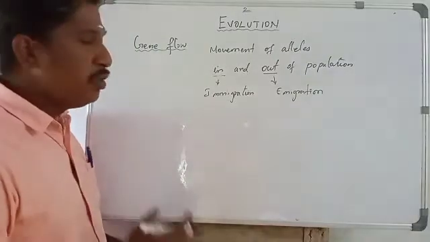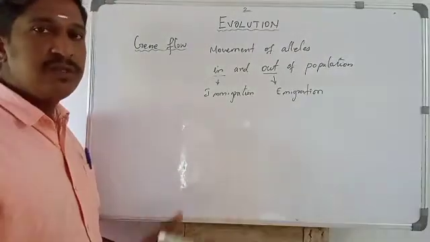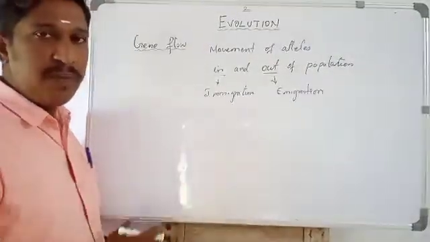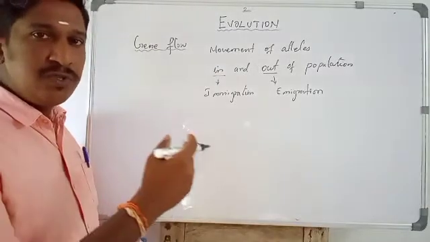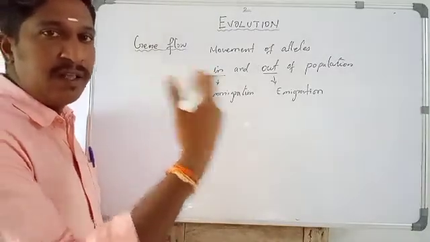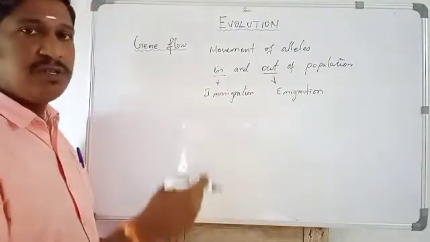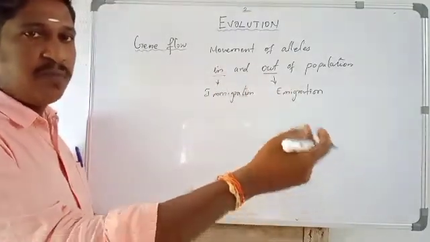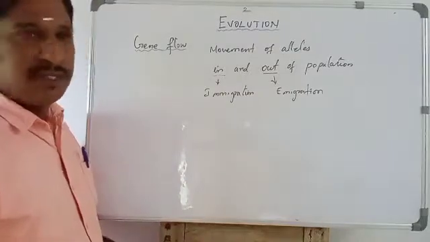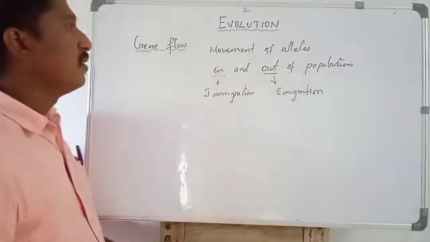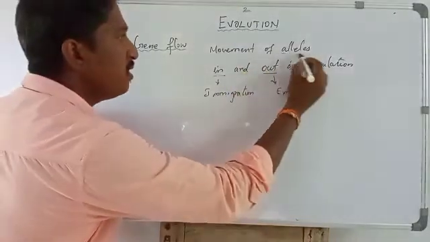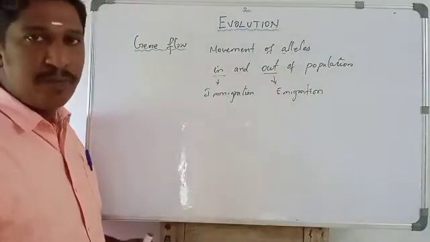So individuals from a population moving to another population is called emigration, and individuals from another population moving into the population is called immigration. That movement brings new alleles into the population.